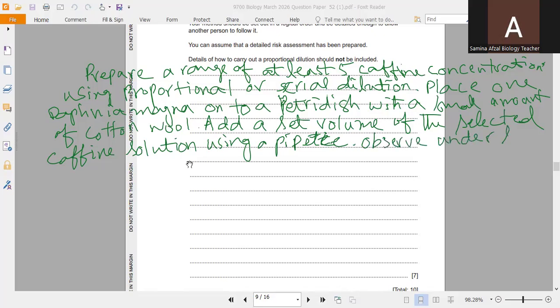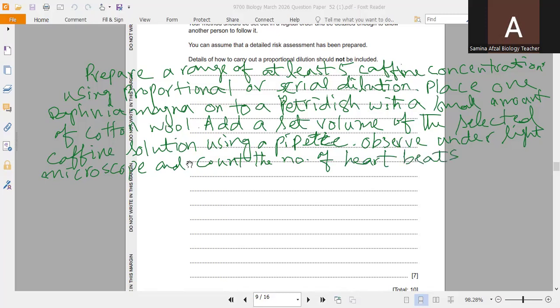Observe under a light microscope and count the number of heartbeats in a fixed time using a stopwatch.